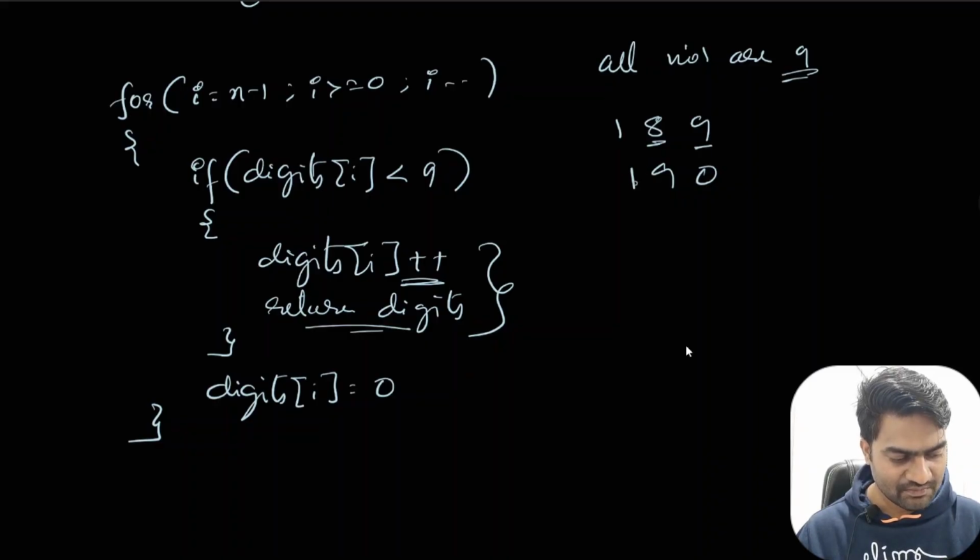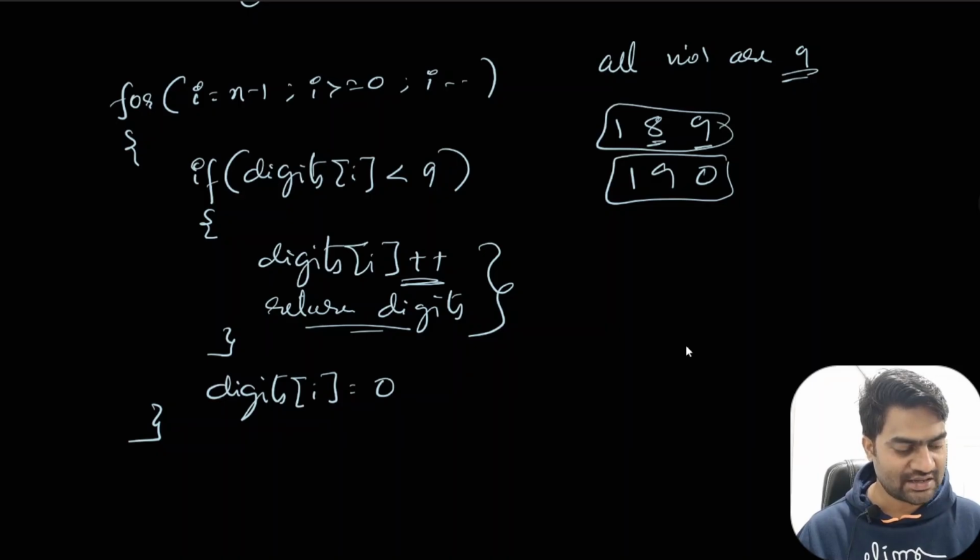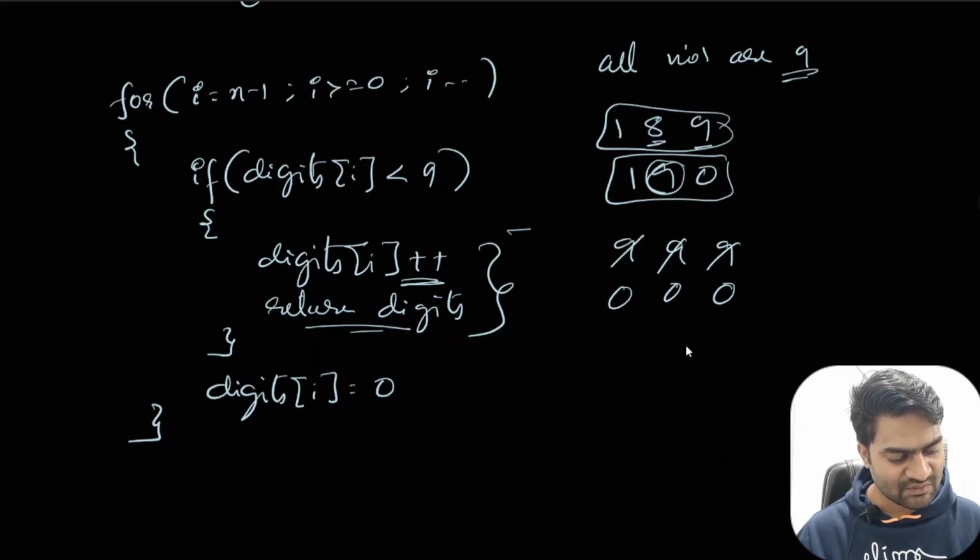So this is our original array. Since we are replacing in the original array, we modified till here, then we exited from the loop. If that is not the case, in case of all 9s, each got replaced with 0. So nowhere did we execute the return statement.